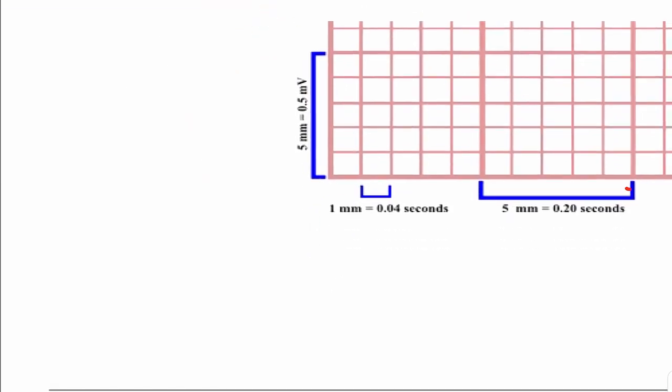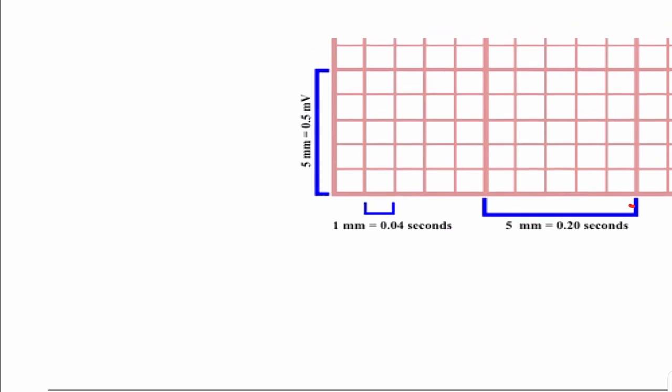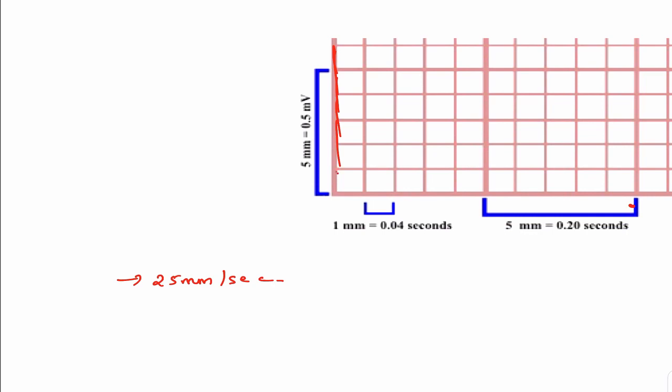Now what is an ECG paper and how fast does it move? It moves 25 millimeters per second. In 1 second, this paper moves 25 millimeters. This paper has a large square, and different large squares are there.